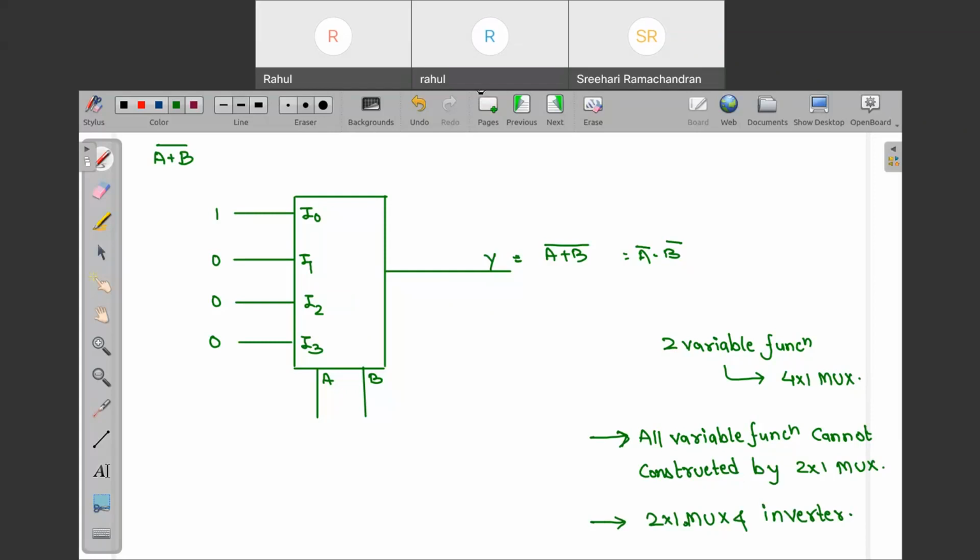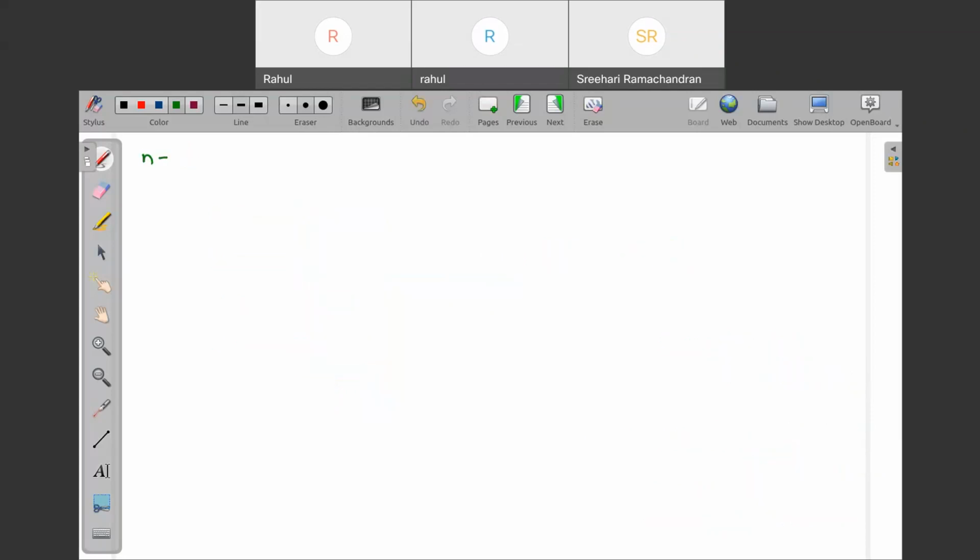So for constructing an n variable Boolean expression, a single 2 to the power n plus 1 cross 1 mux can do it. An n variable Boolean expression can be implemented using a single 2 to the power n plus 1 mux.